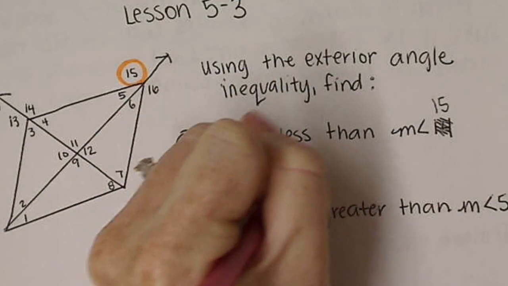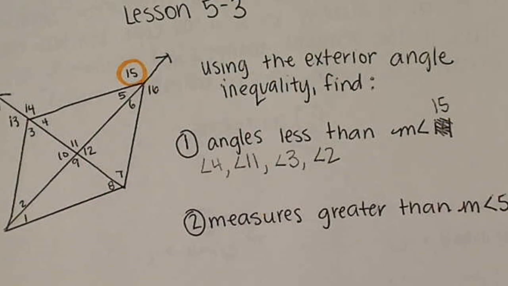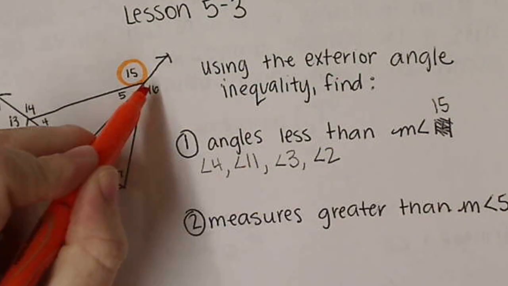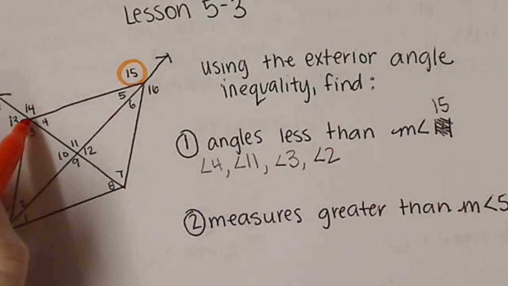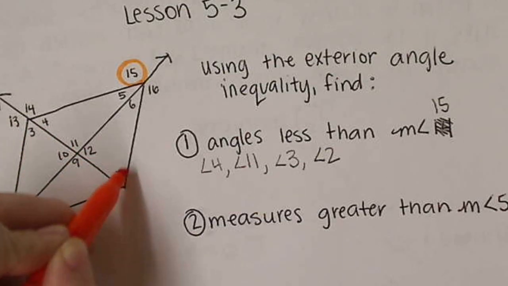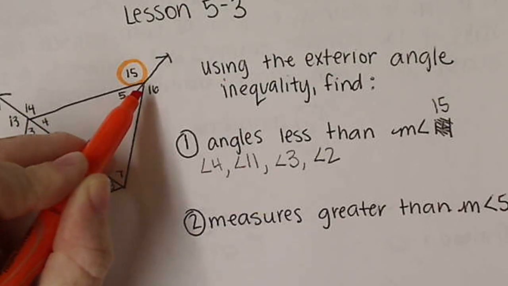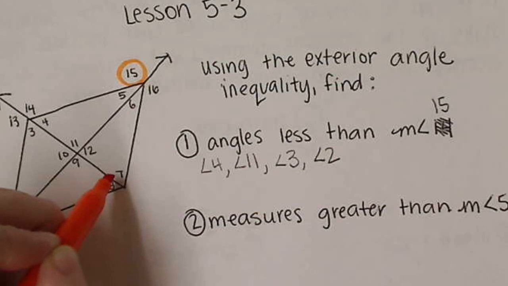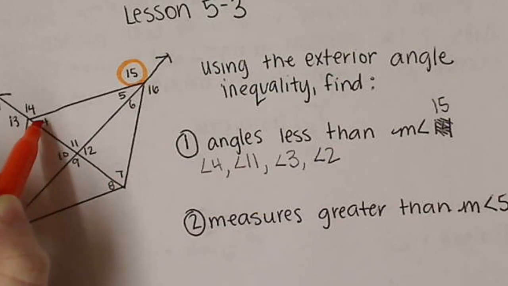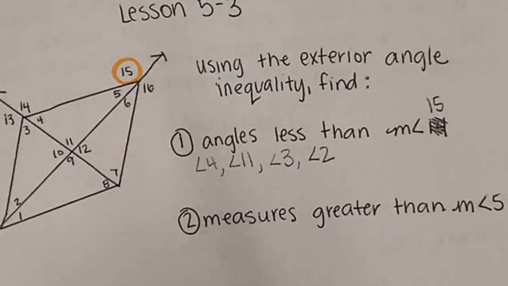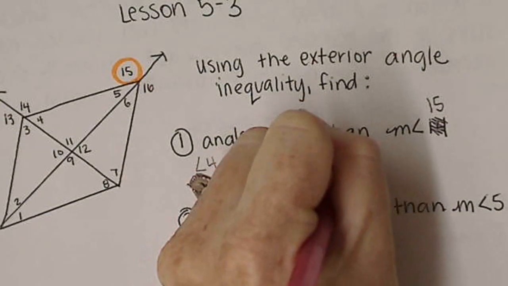less than angle 15. I also see this triangle right here, which means that angle 7 and angle 4 are also less than 15.